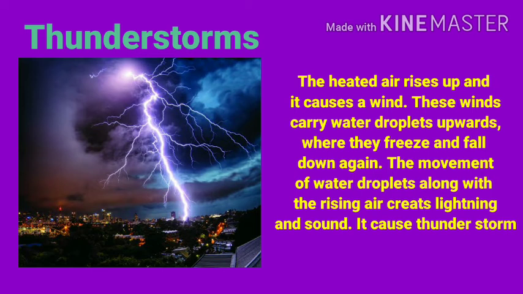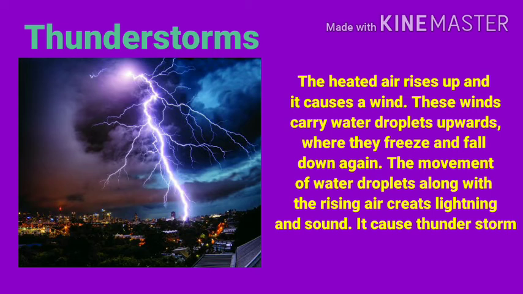These winds carry water droplets upwards, where they freeze and fall down again. Okay, the swift movement of the falling water droplets along with the rising air, you know that both of them happen at the same time, right?